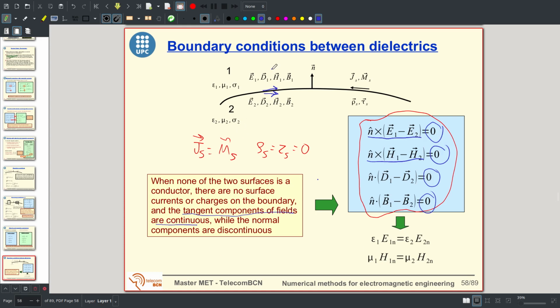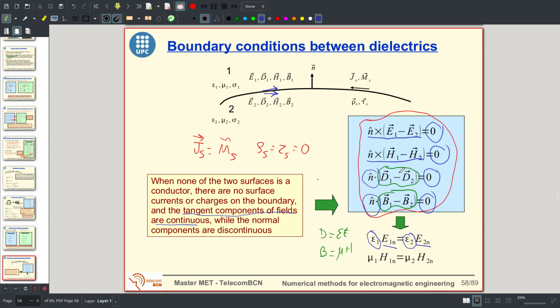But what happens with the normal components? The normal components that are continuous are the normal components of the displacement vector D and the magnetic field B. But this means that since D is epsilon E and B is mu H, the normal components of the electric field are not continuous, because epsilon 1 is different than epsilon 2.